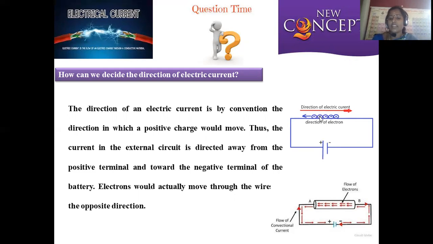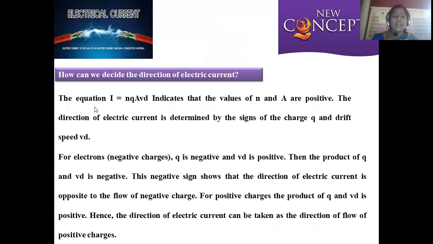Okay, electrons are moving towards the positive end, and electrical current is moving in the opposite direction. So this is how you can observe the direction of electrical current movement. Electrons would actually move through the wire in the opposite direction. If electrons are moving to the left-hand side, electrical current is moving to the right-hand side. Obviously they make the complete circuit so that illumination of the bulb is possible.